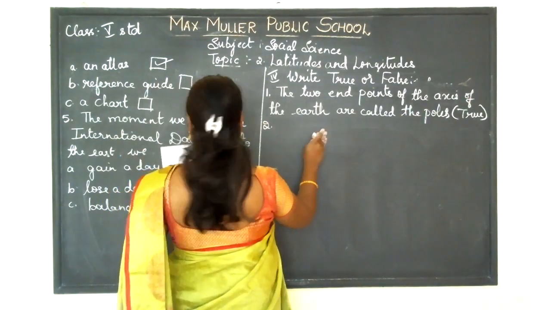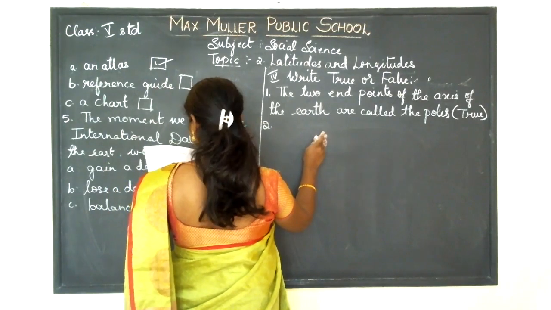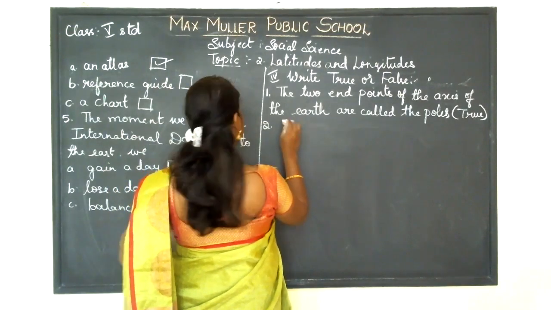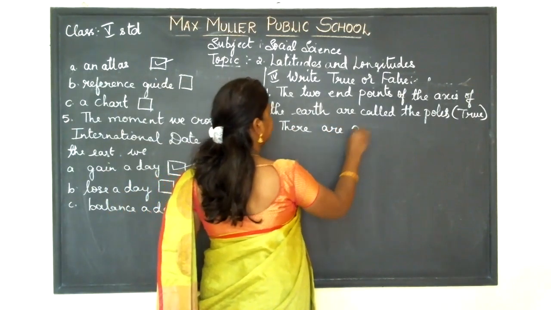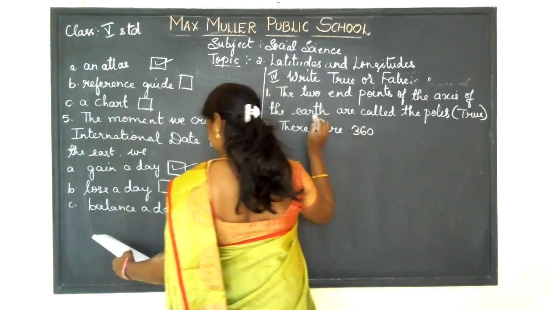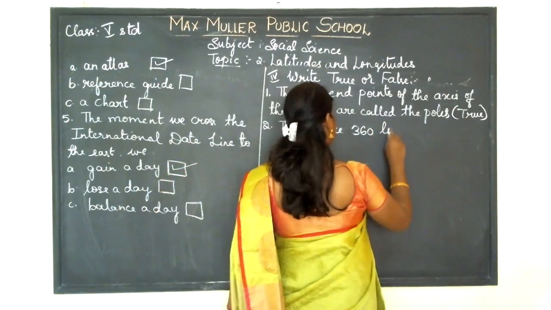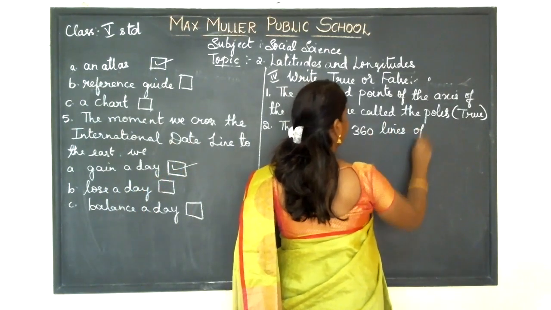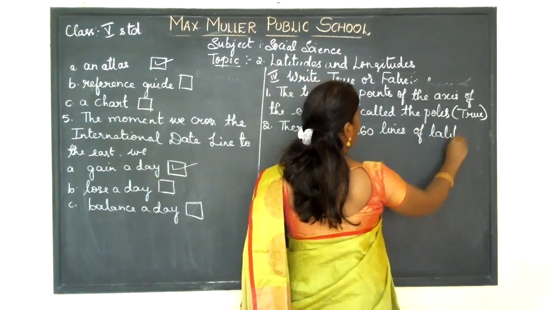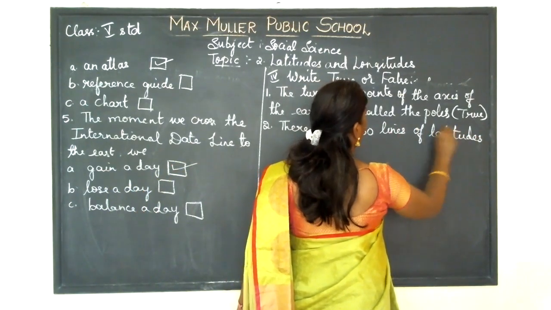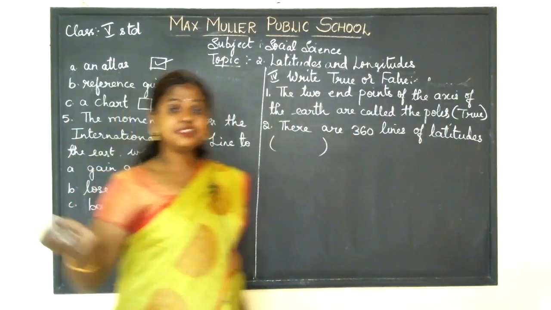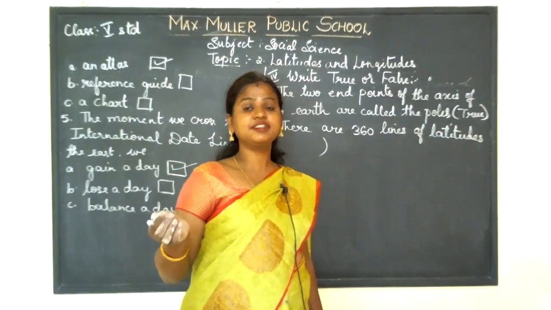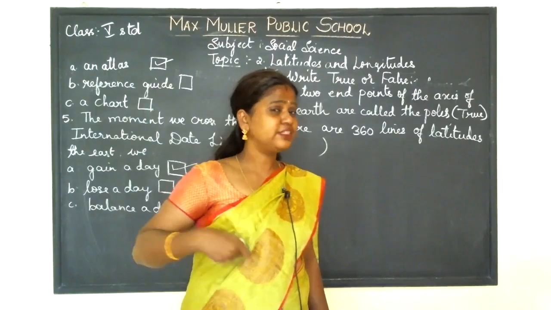Second one. There are 360 lines of latitudes. Is it correct, children?